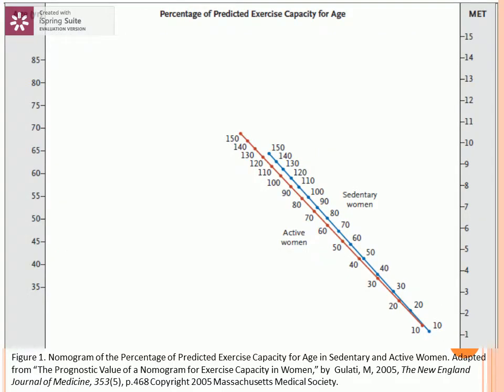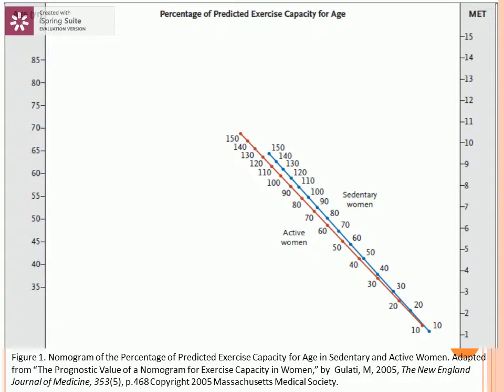So this slide is showing a nomogram, and it's a percentage of predicted exercise capacity in relation to age. This particular one is for active women and sedentary women, active women being in red, the sedentary women being in blue. How these work is a line is drawn from the patient's age on the left-hand side of the scale to the MET value on the right-hand side of the scale, or the metabolic equivalent of task.